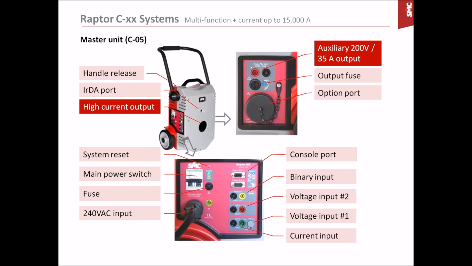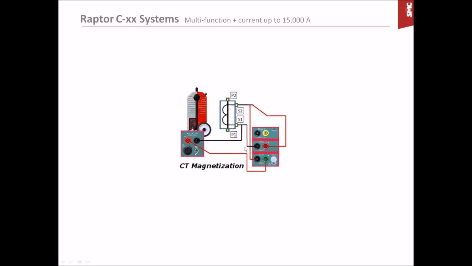Okay, so going back to the diagram, you will see that we will be applying voltage to the secondary of the transformer, but you see this side of the voltage injection is going through the ammeter and completing the voltage circuit here.